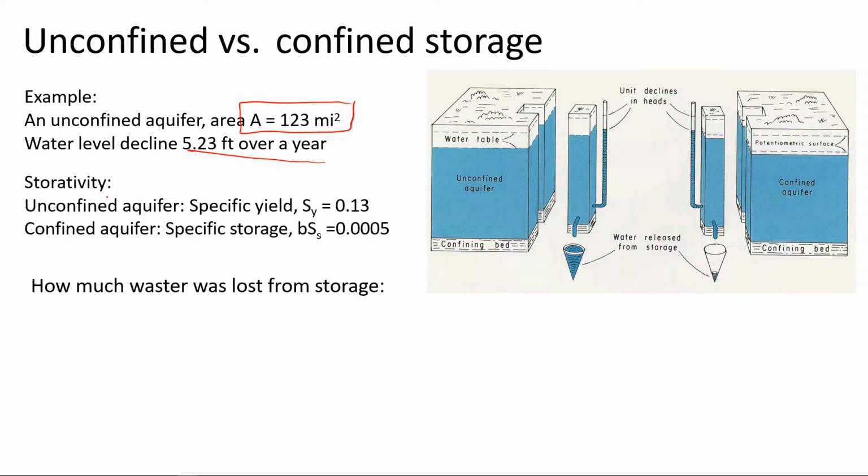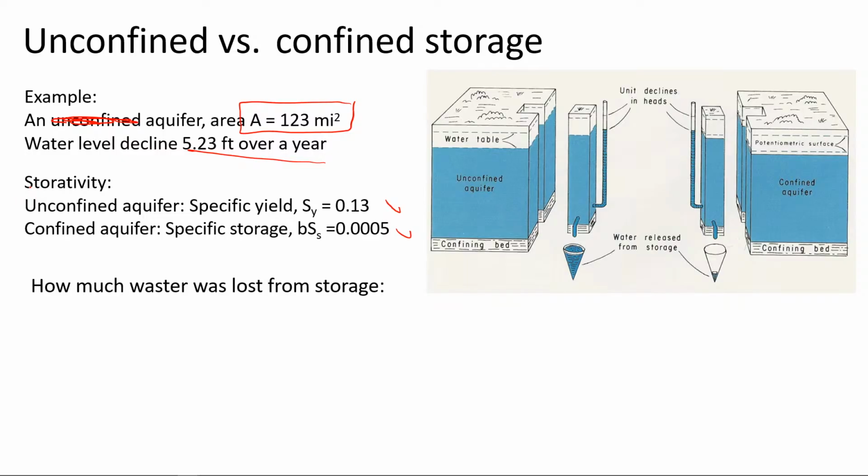So let's assume that you have an unconfined aquifer, it has a specific yield of this, and you have a specific storage of this. How much water was lost from storage? So this is the aquifer area, and we will do it for both. An aquifer area has this much, and the water level declined by this much.